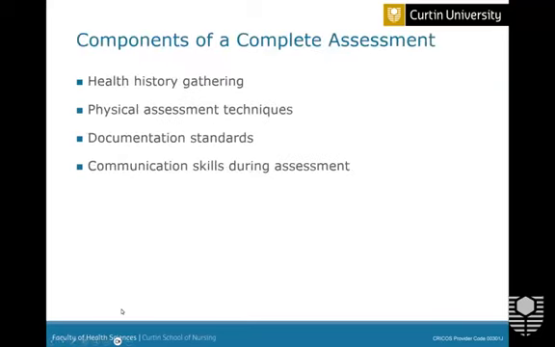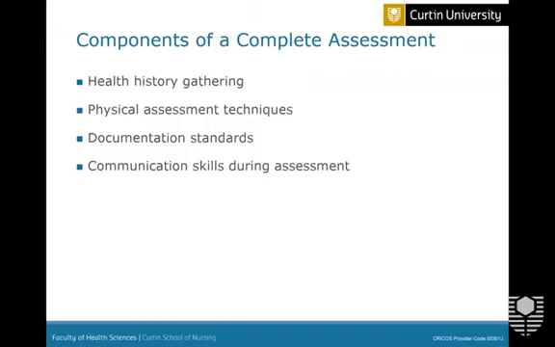So when we are gathering the components of a complete assessment, we're going to think about gathering a comprehensive assessment because this would be important when thinking about admitting people to hospital or to healthcare or that type of scenario.